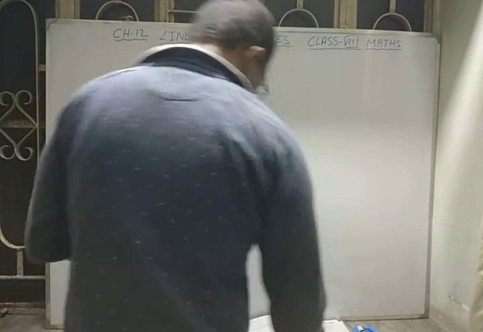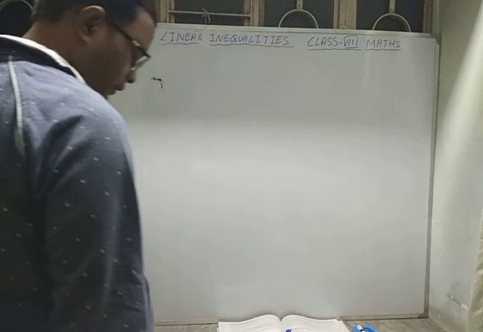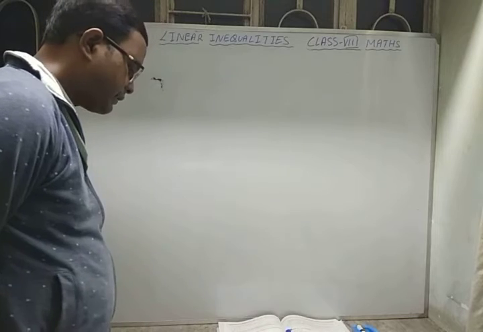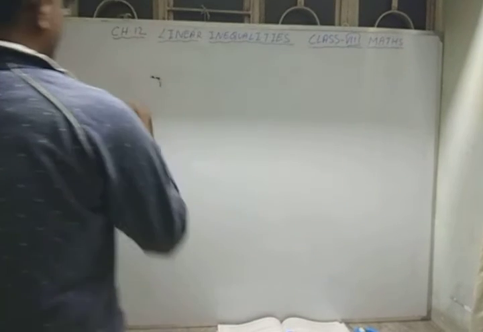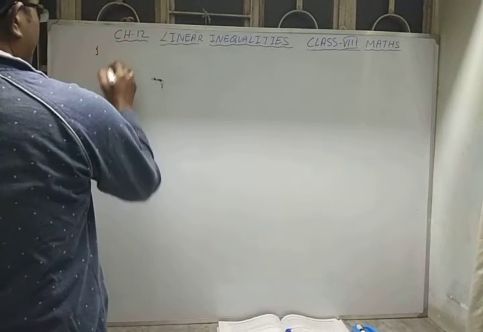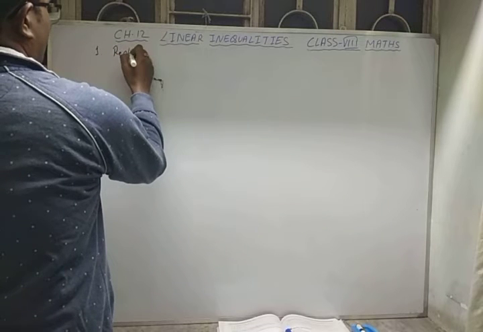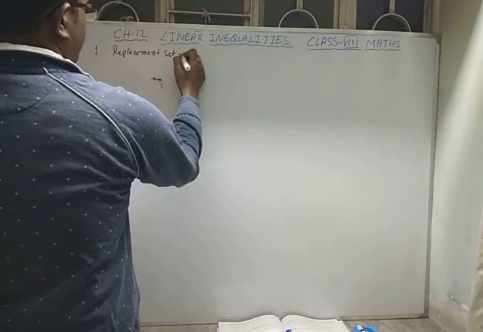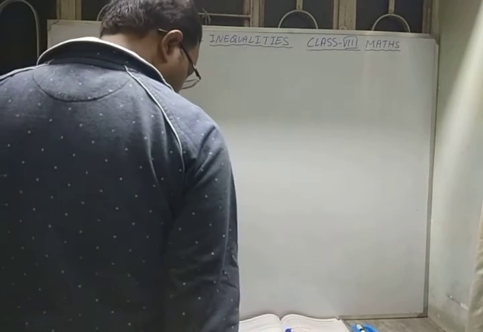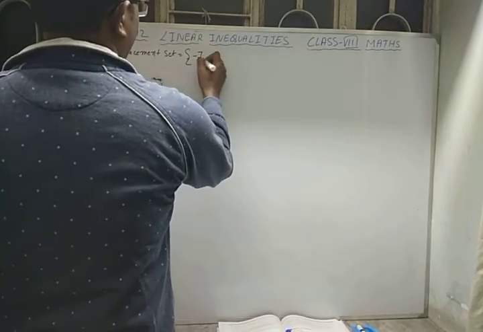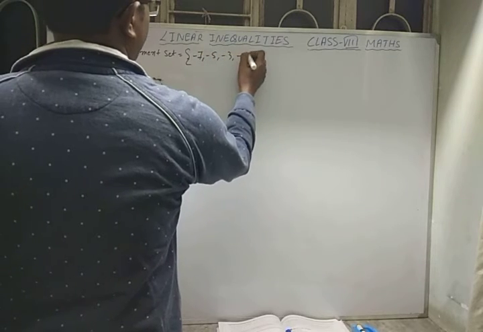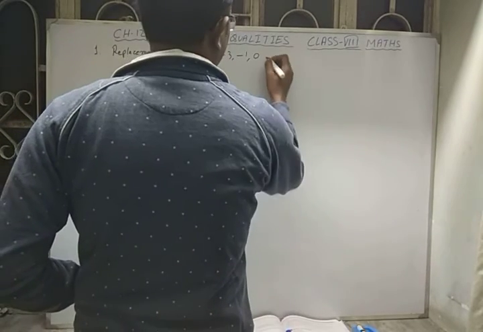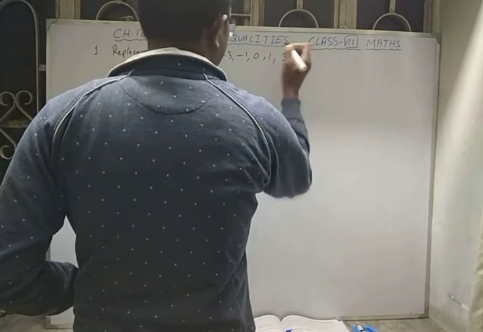See, in exercise 12.3, the first question is: the replacement set is given as minus 7, minus 5, minus 3, minus 1, 0, 1 and 3. So this is the given.